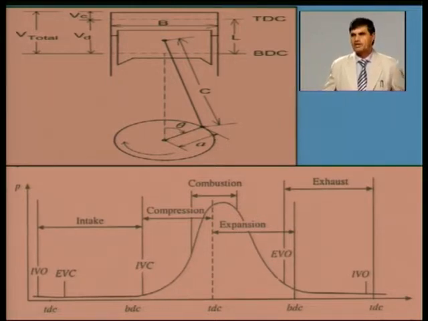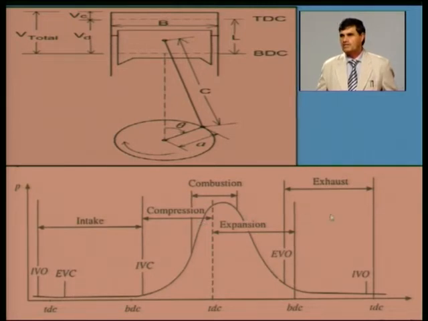Out of 720 degrees, roughly 180 degrees for compression, 180 degrees for expansion, 180 degrees for suction, and 180 degrees for exhaust. Out of 720, you can observe here 40 to 45 degrees is being given for the purpose of combustion.